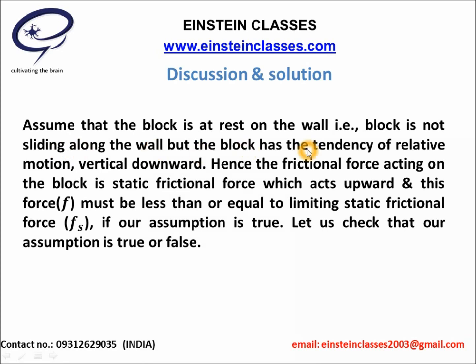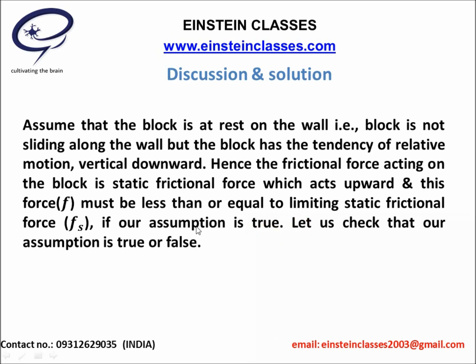But the block has the tendency of relative motion vertically downward. Hence the frictional force acting on this block will be the static friction force, and this force will act vertically upward. If this force is less than or equal to the limiting static friction force, then our assumption is true. Otherwise, our assumption will be wrong.